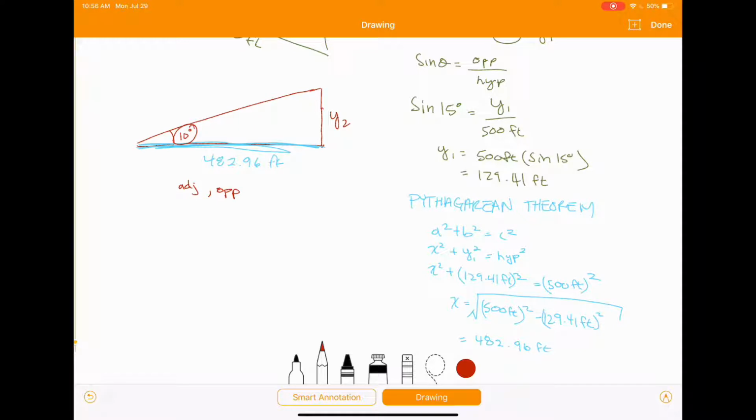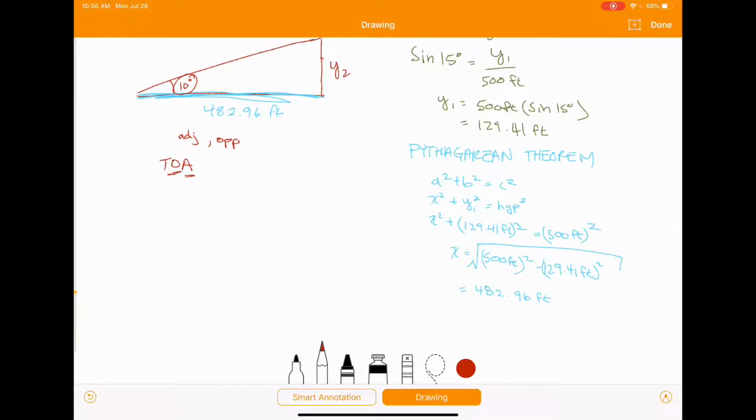So we know that the TOA part of SOHCAHTOA uses the opposite and adjacent. So we're going to go ahead and do the tangent of theta equals opposite over adjacent.